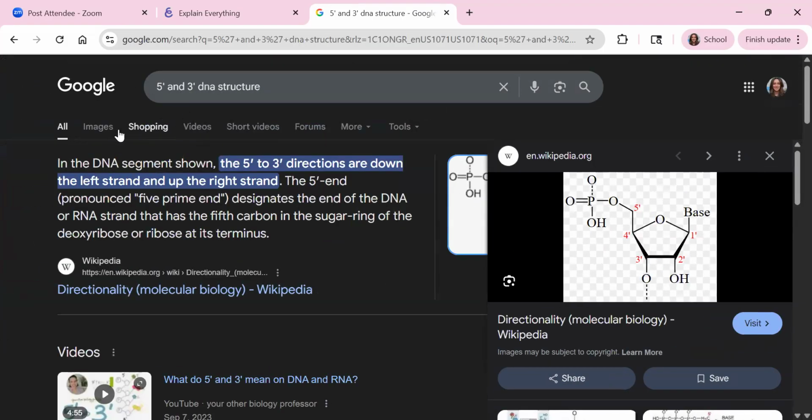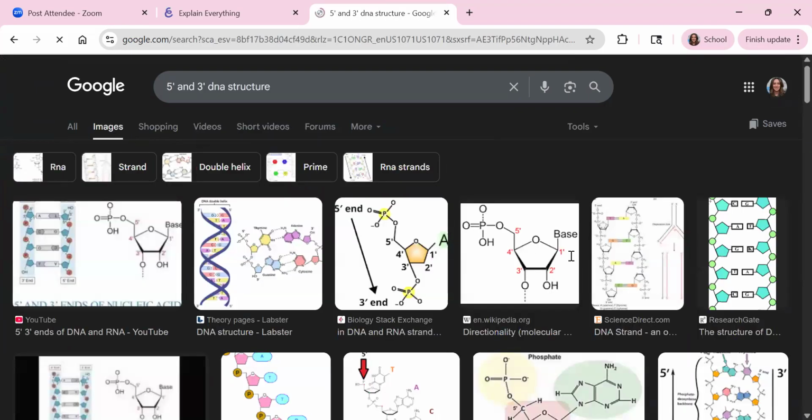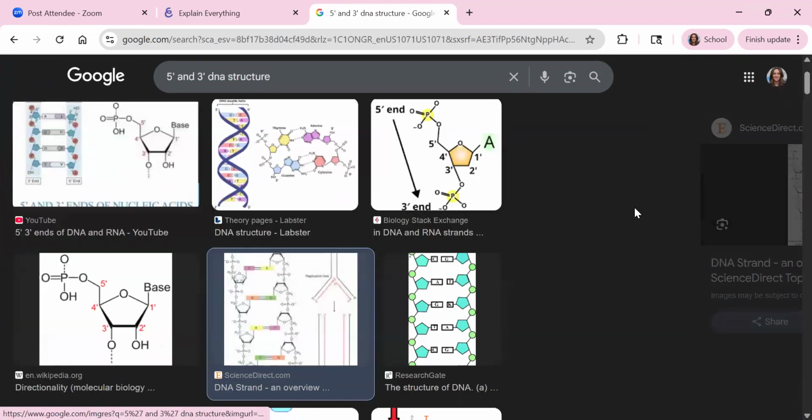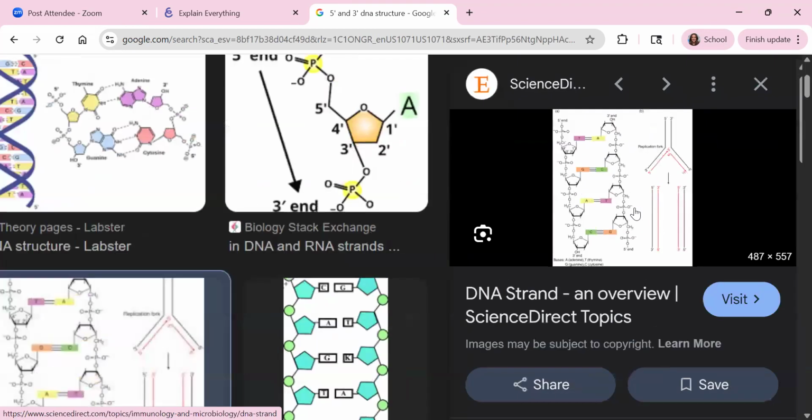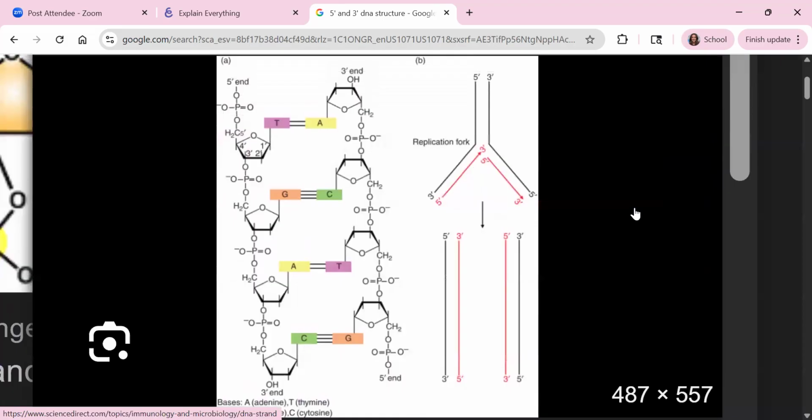Let's see if I can find a chain. Here we go. Can you guys see that? See how I have my 3' right here? My 5' is right here. This is my phosphate. They call this phosphate the 5' end just because it's coming off the 5' carbon. So 1, 2, 3, 4, 5.